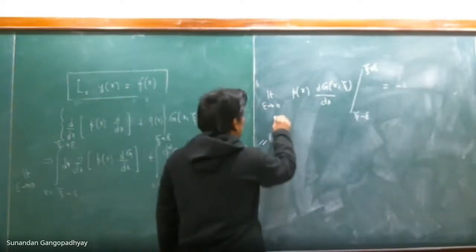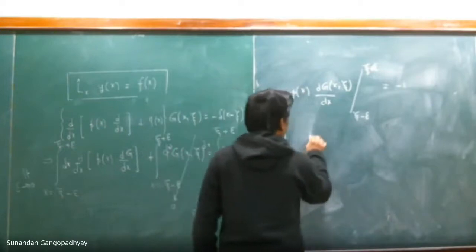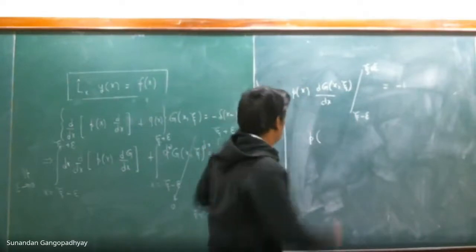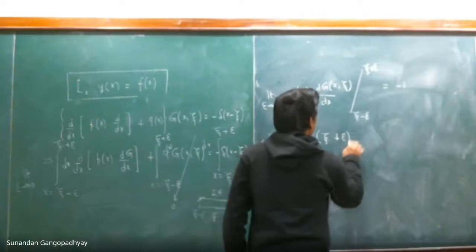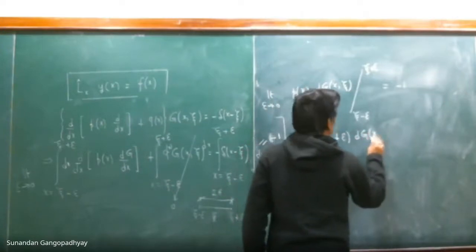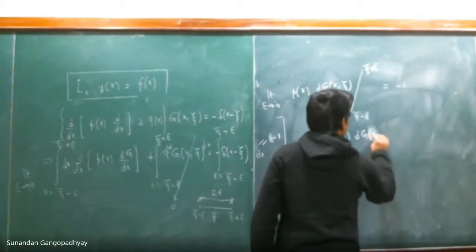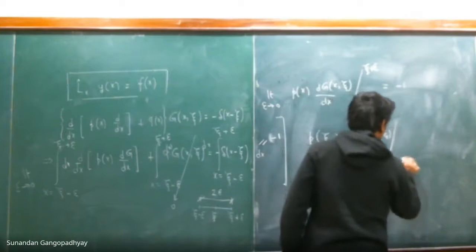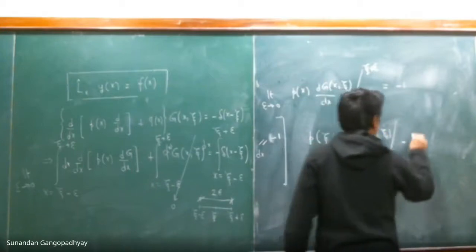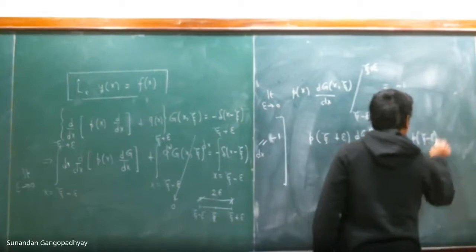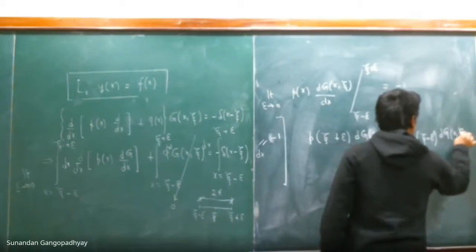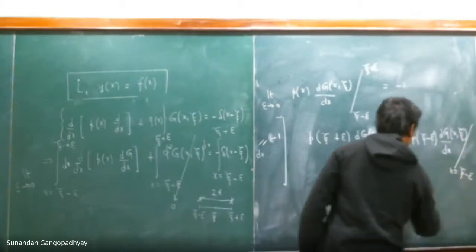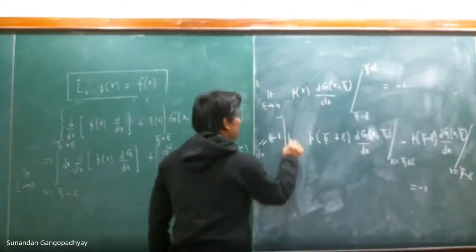And now you can see this is a continuous function of x. Therefore, this is p(xi plus epsilon) dg(x, xi)/dx evaluated at x is equal to xi plus epsilon, minus p(xi minus epsilon) dg(x, xi)/dx evaluated at x is equal to xi minus epsilon, that is equal to -1, and you have this limit epsilon going to 0.